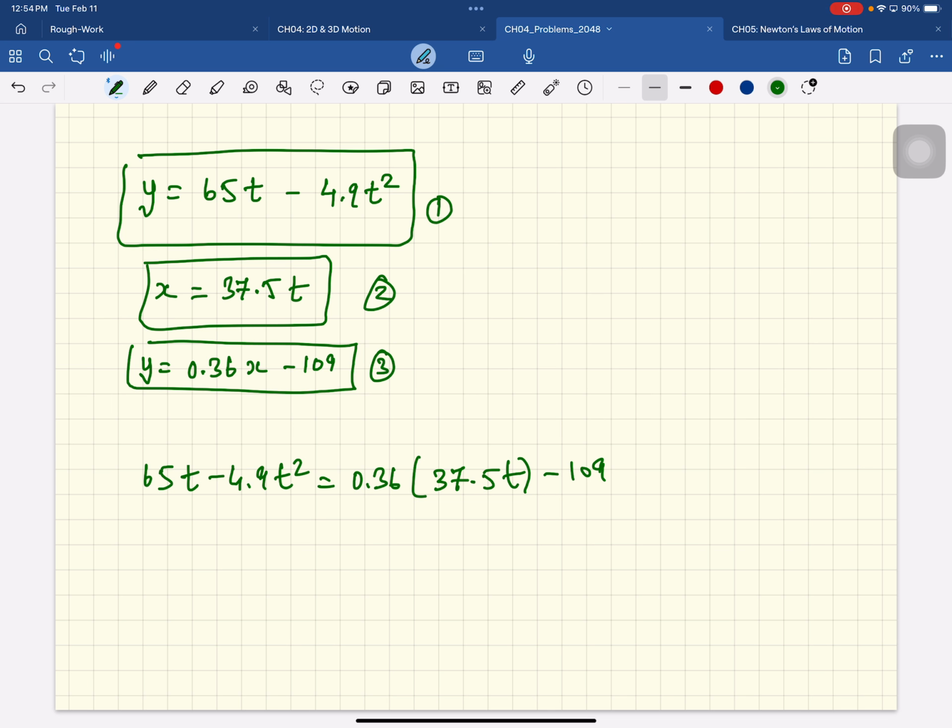Did you guys understand what I did? Now we've reduced it to one equation and one unknown, and now I know how to solve that.